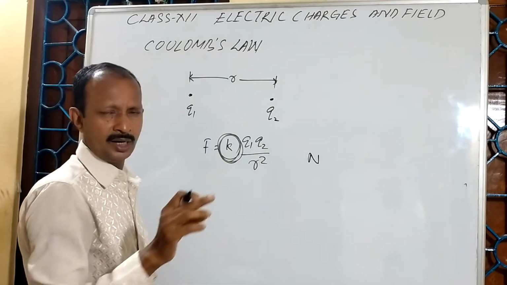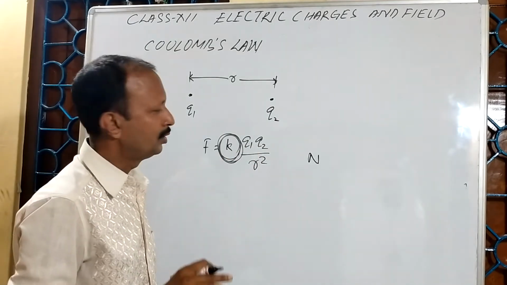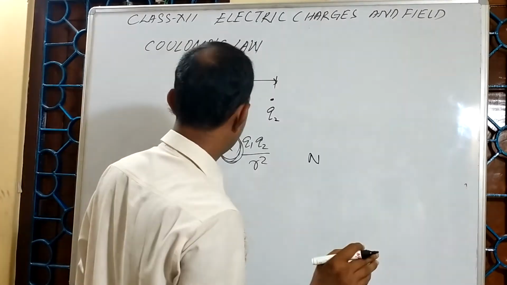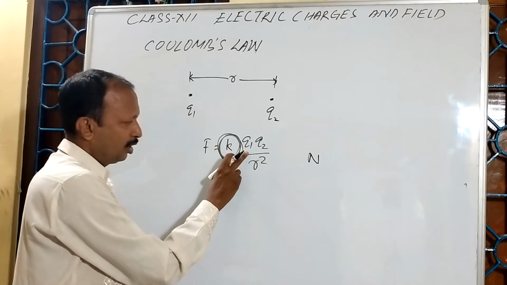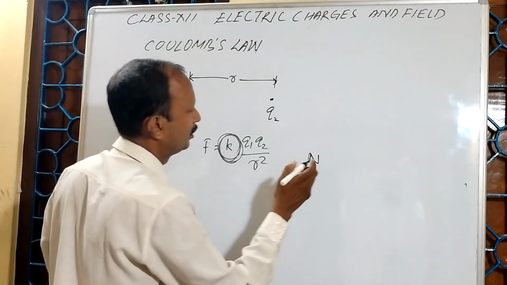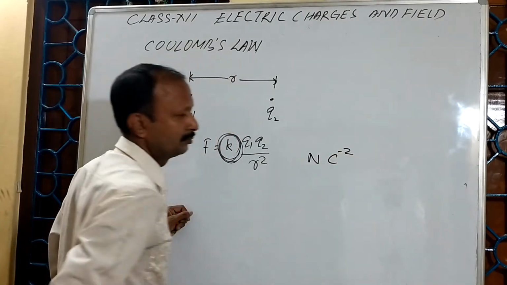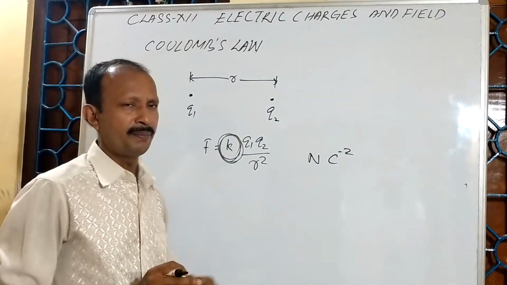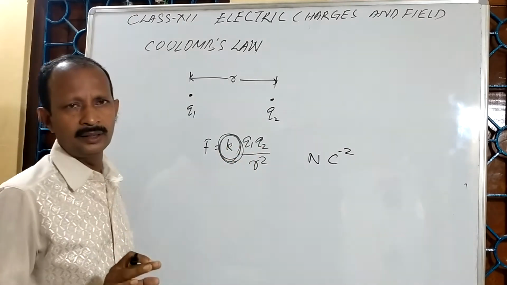The unit of charge in the SI system is Coulomb. So there must be C to the power minus 2. Why? Here Coulomb into Coulomb, Coulomb square.